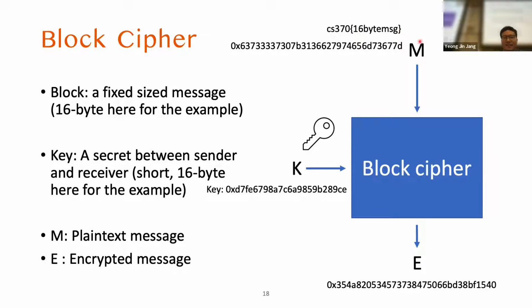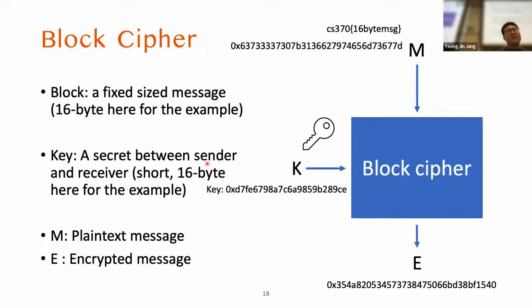It's exactly 16 bytes. If we change this into a hexadecimal number, a 128-bit number, it will be this. CS370, something like that. And then the block cipher requires a key.